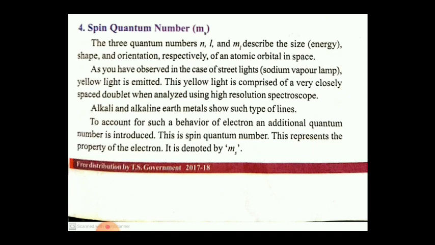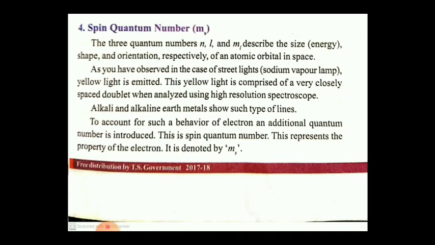To account for such behavior of the electron, an additional quantum number is introduced. To explain the closer wavelengths, one more quantum number is introduced. This is called the spin quantum number.